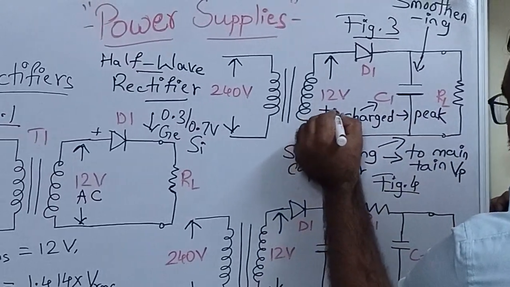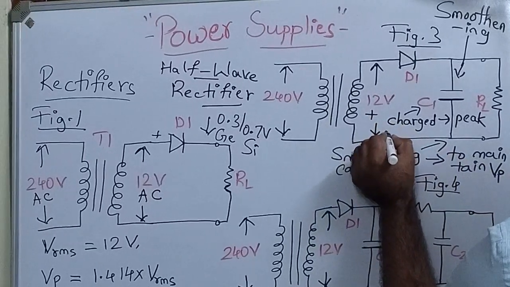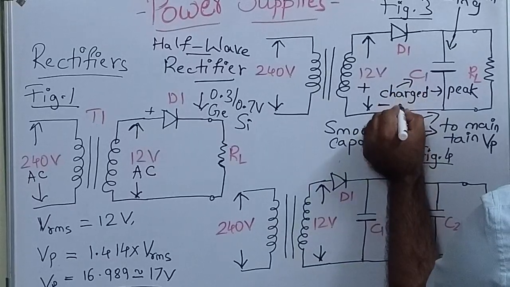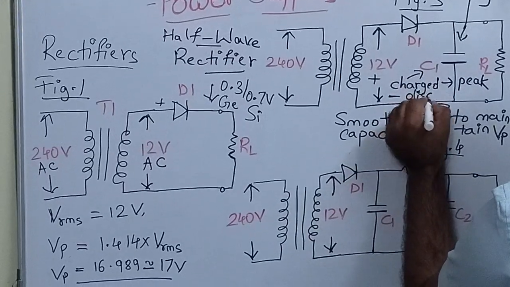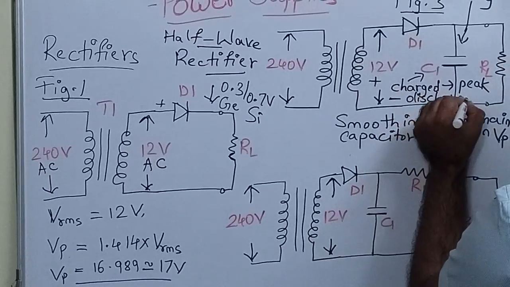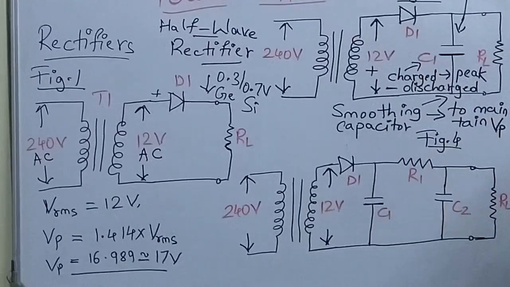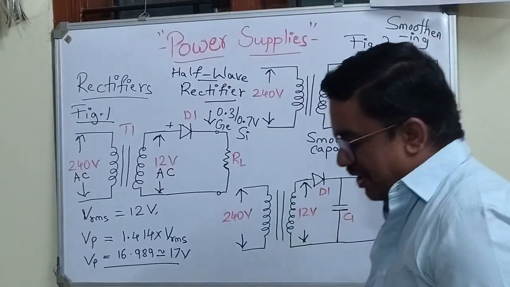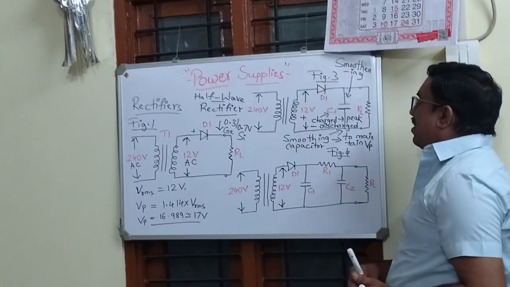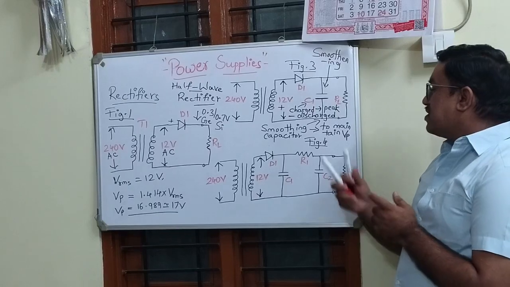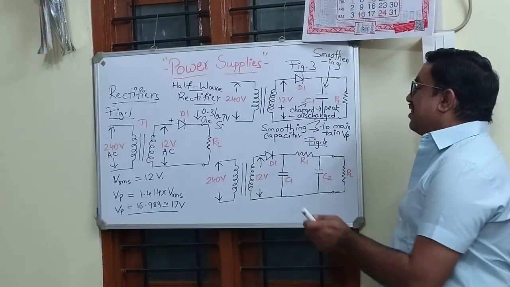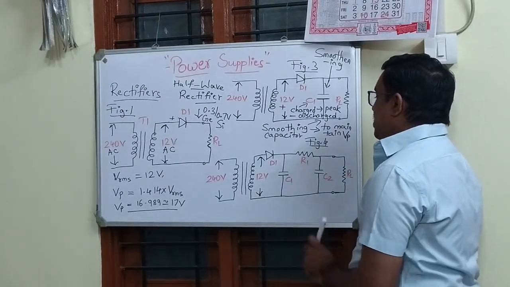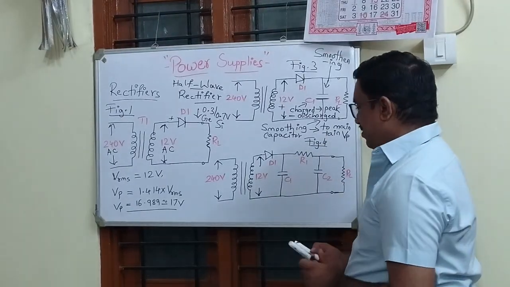And in reverse bias, that is when we have a negative potential here, the capacitor gets discharged. Now a question might arise: how much time would it take for charging capacitor C1 and for discharging capacitor C1.